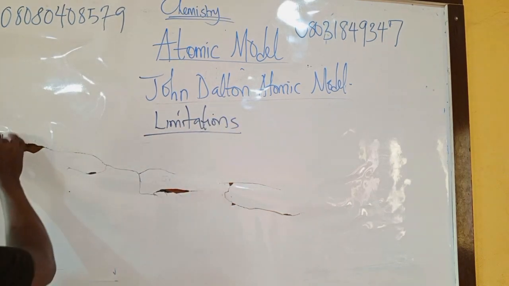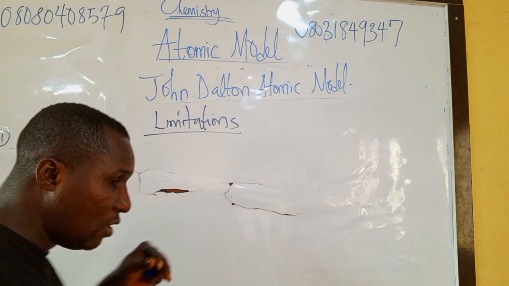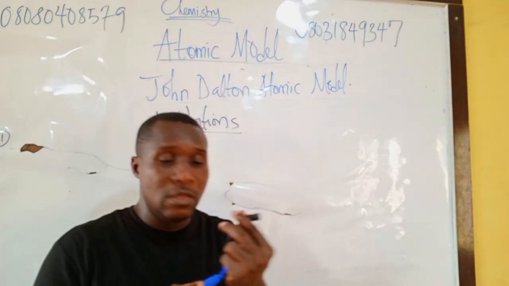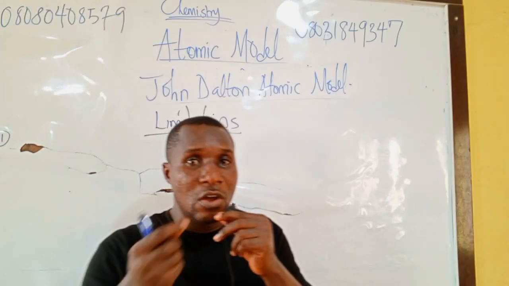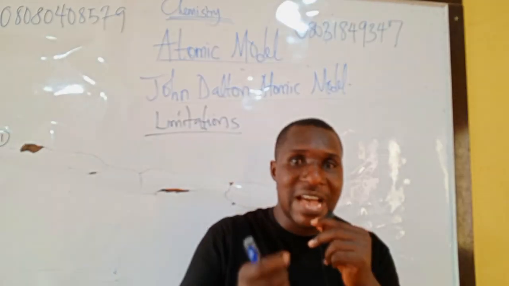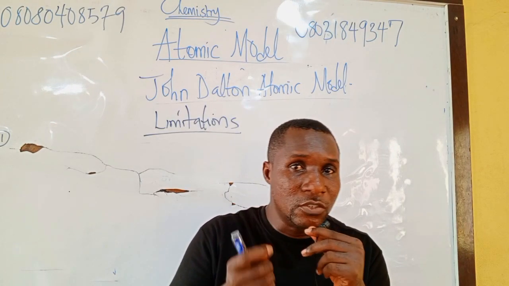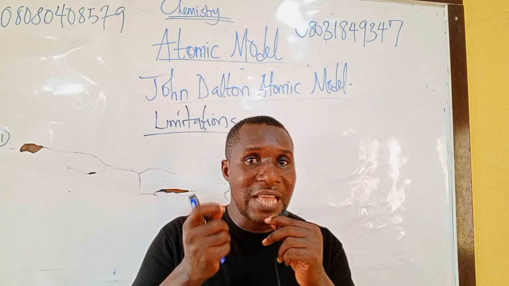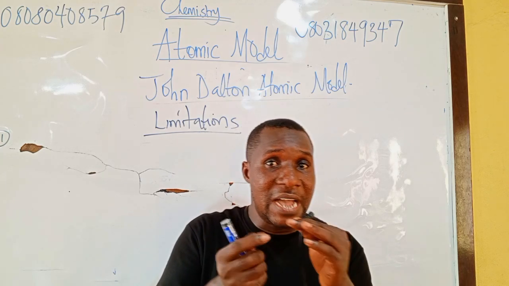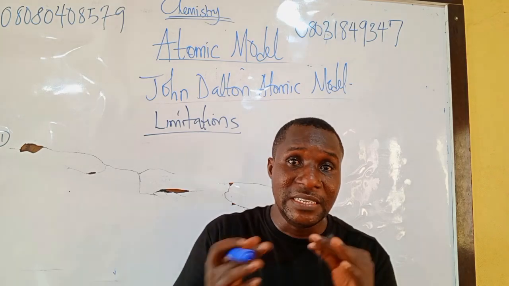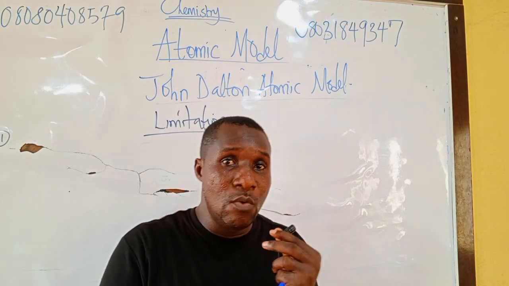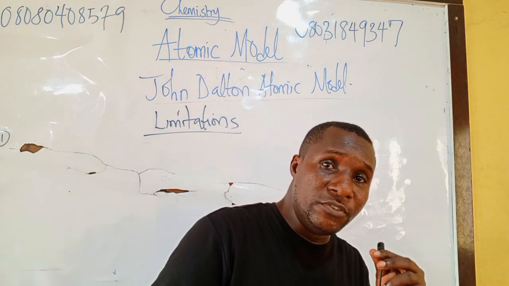Let us look at the limitations. The first one, don't forget, says all elements are made up of tiny and indivisible particles called atoms. That an atom is a very tiny and indivisible particle has been proved wrong.